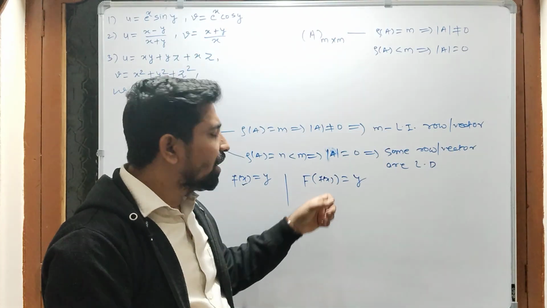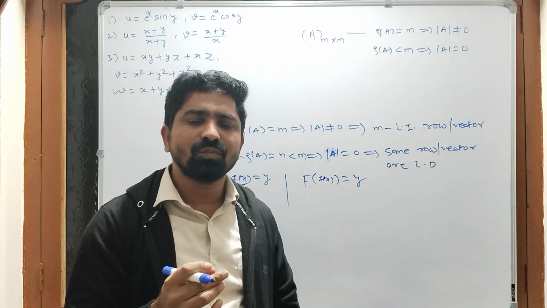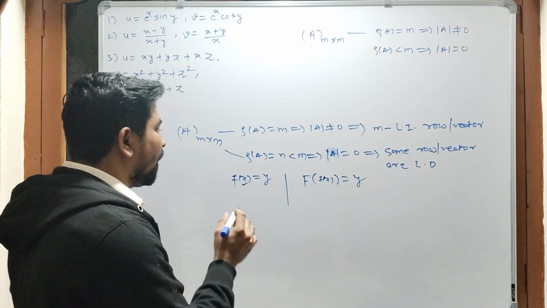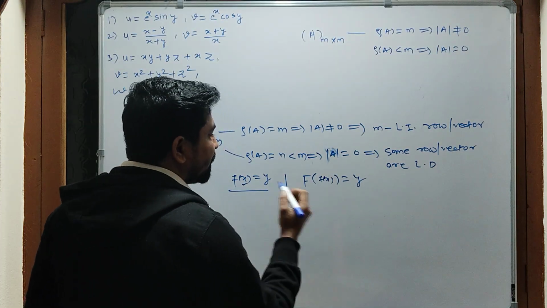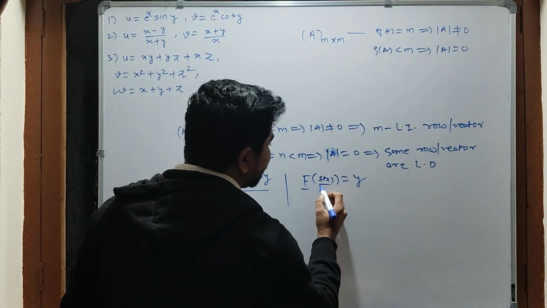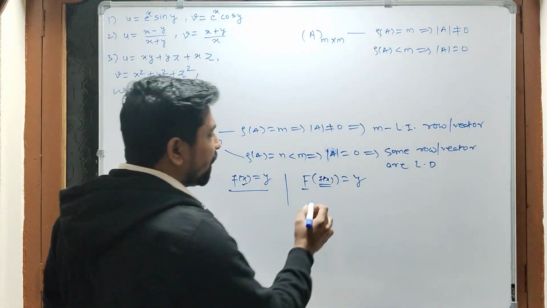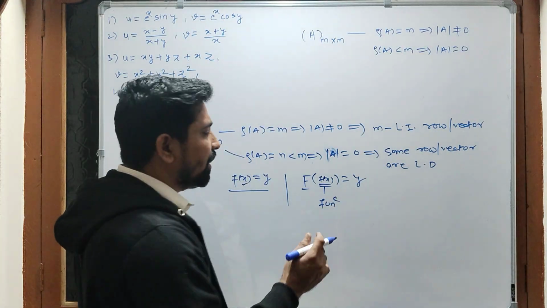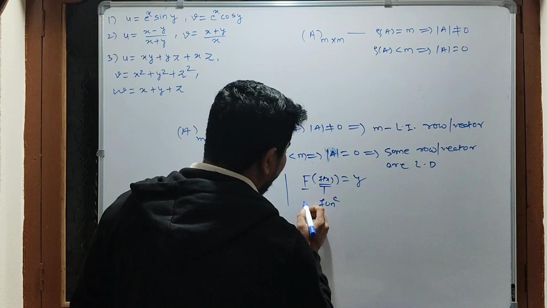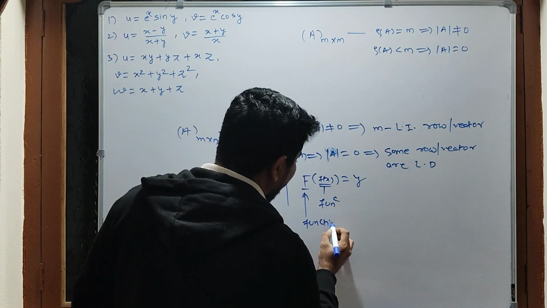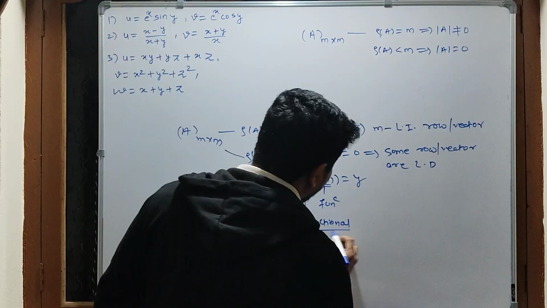This is my normal function and this is my functional. For this capital F, this works as an input, and this input is again one function. At that time we can say this capital F is a functional. Capital F is a functional.